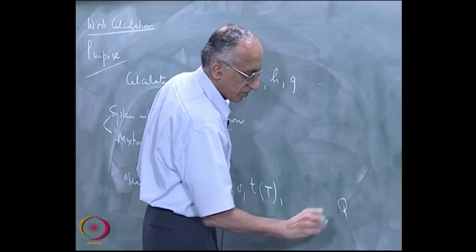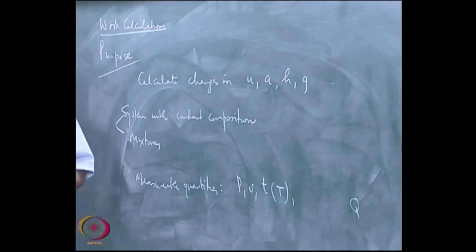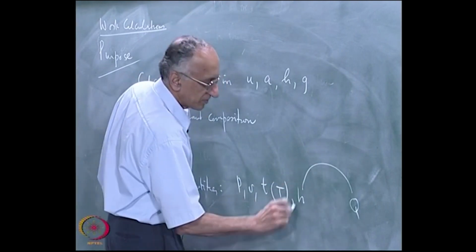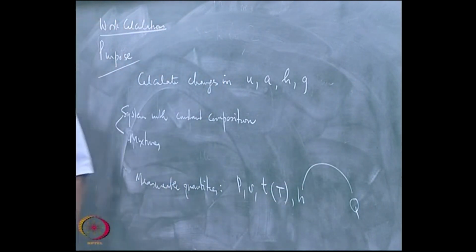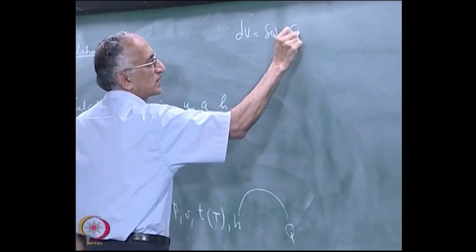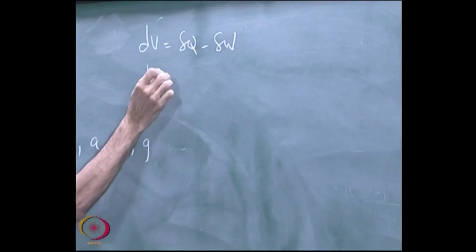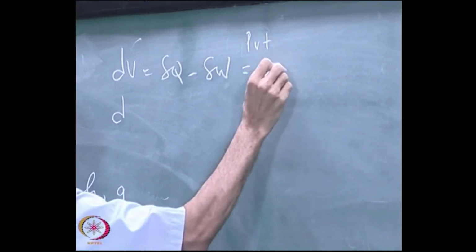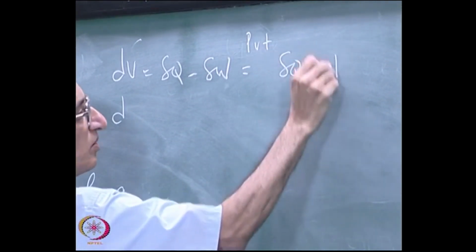I can also measure Q, the heat, but that leads to a measurement of enthalpy. For example, du for a closed system is delta Q minus delta W, and if delta W is, in PVT systems, you have delta Q minus P dV.